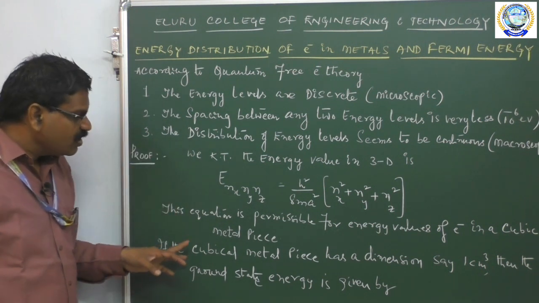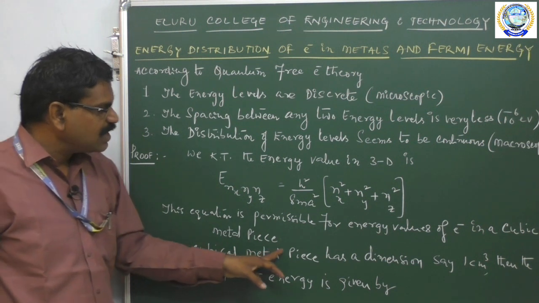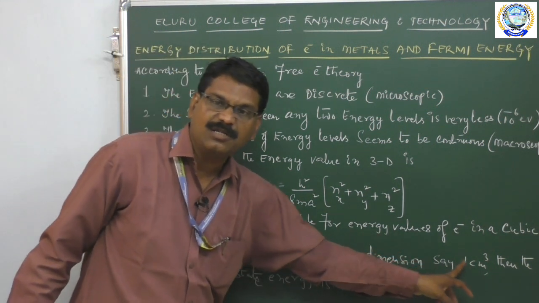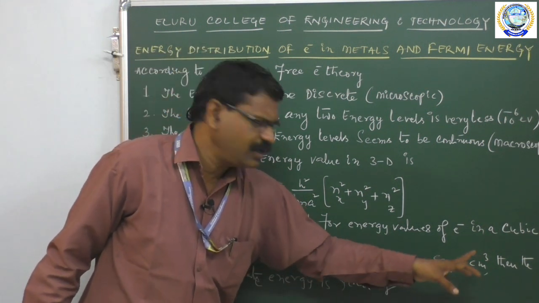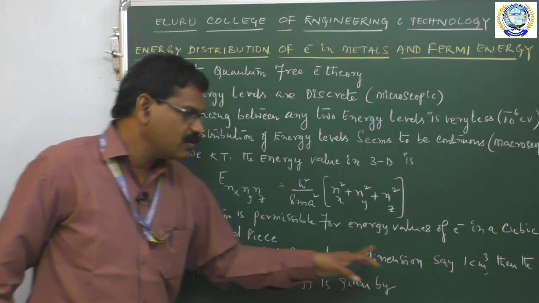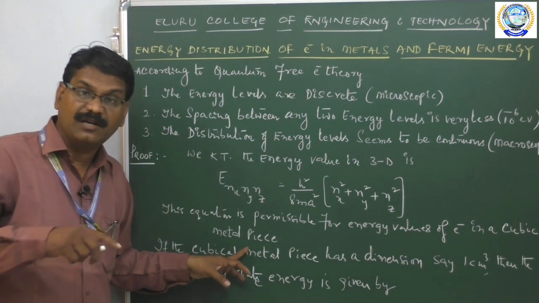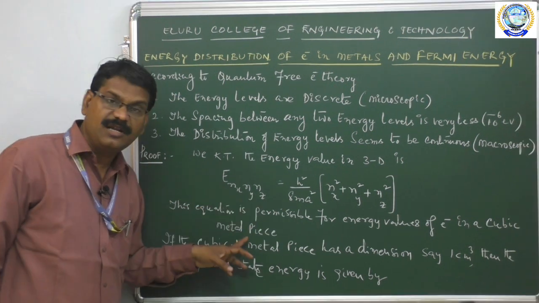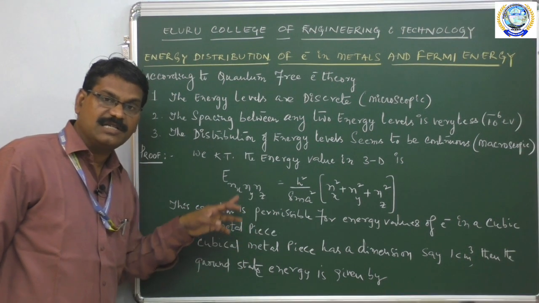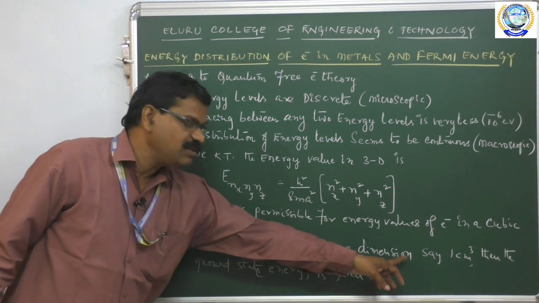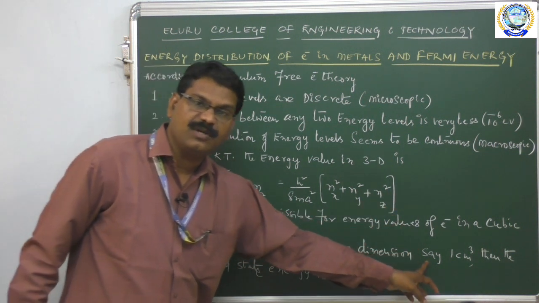Next, suppose the cubic metal piece has a dimension of 1 centimeter cube. To find the volume of a metal cubic piece, as it is three-dimensional, its length is 1 centimeter, its breadth is 1 centimeter and its height is 1 centimeter.